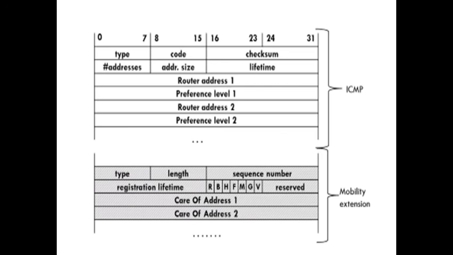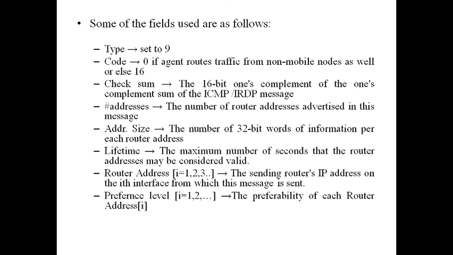Okay, and the next one is lifetime. In the diagram, it is on the right part. Lifetime means the maximum number of seconds that the router address may be considered valid. Every foreign agent or foreign network will advertise its presence when the mobile node comes out of the home network.